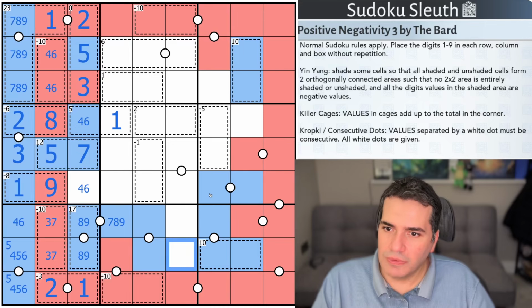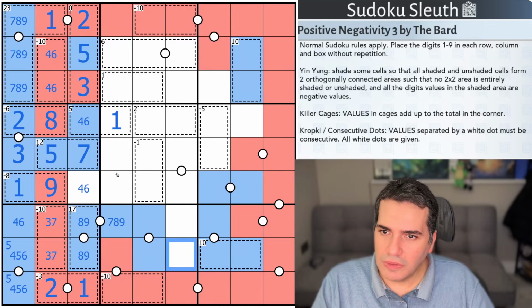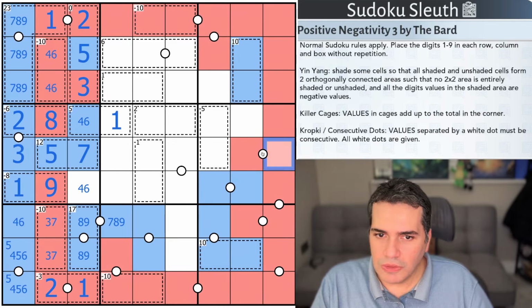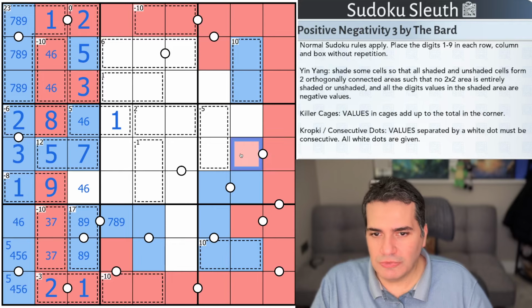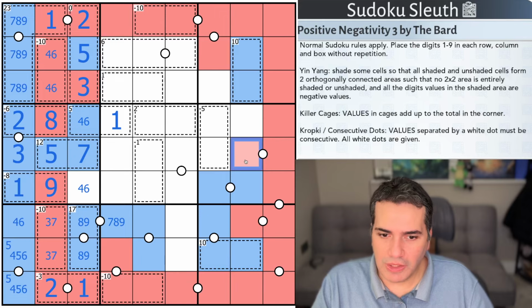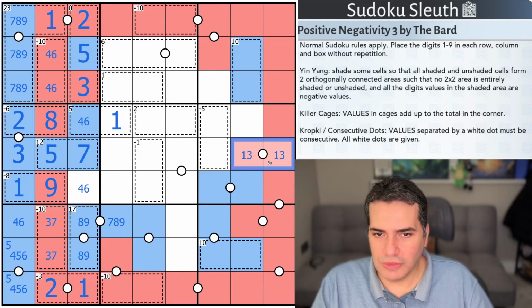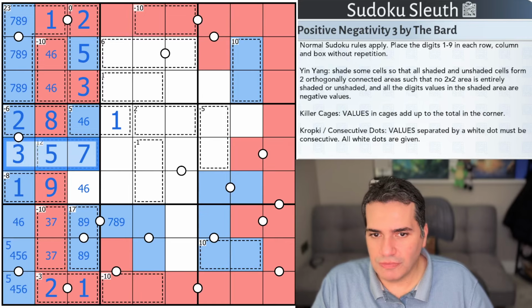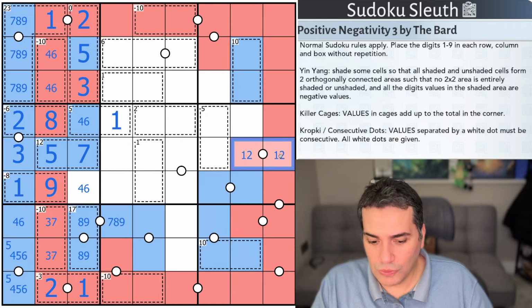Oh, here is something. Here is something very unusual. Look at this white Kropki dot. So the rule about white Kropki dots is you have to have an odd digit and an even digit. You can't have two odd digits, 1 and 3, that are consecutive. You can't have two even digits that are consecutive. Now notice I've got 3, 5, and 7, so either this is 1, 2, or 8, 9.